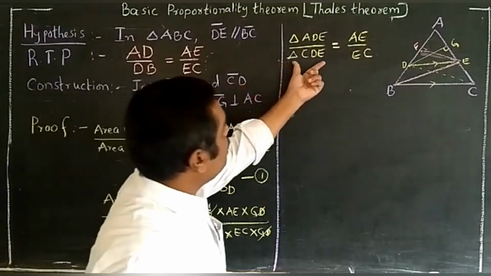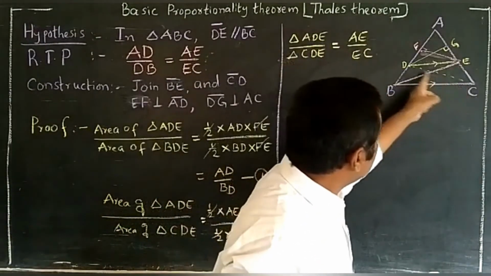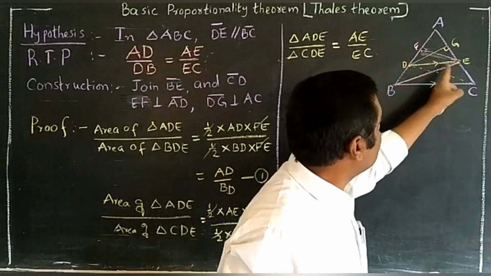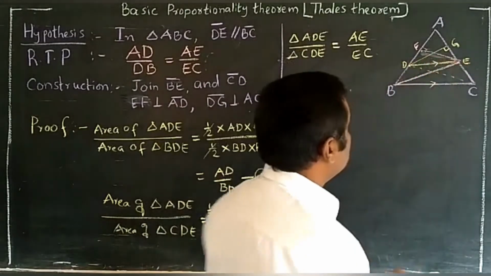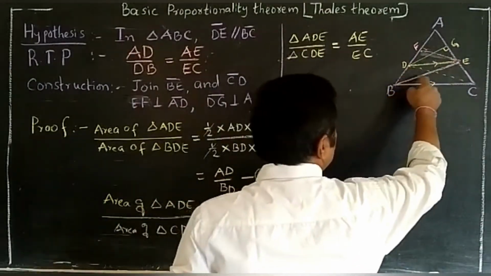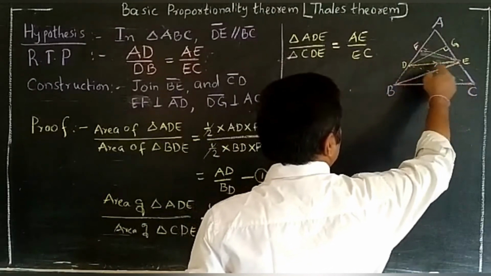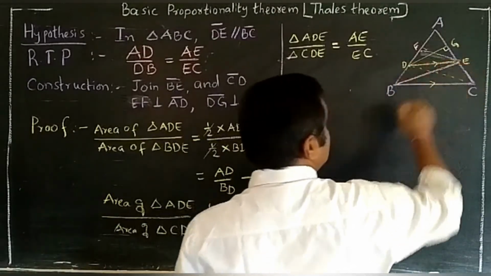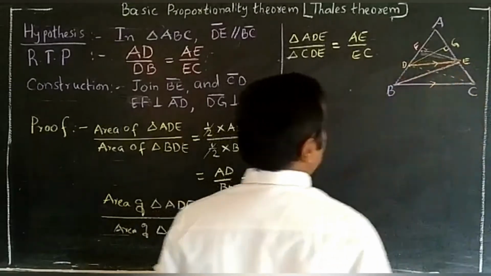But this triangle CDE and this triangle BDE are on the same base DE. See once, children, this is the BDE triangle, this is the CDE triangle. Both are on the same base DE and between the same parallels.